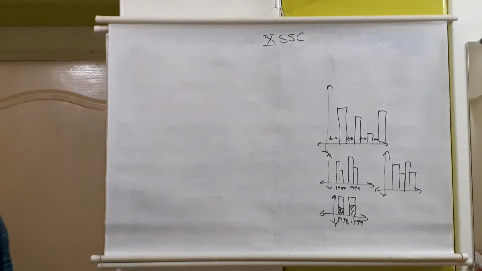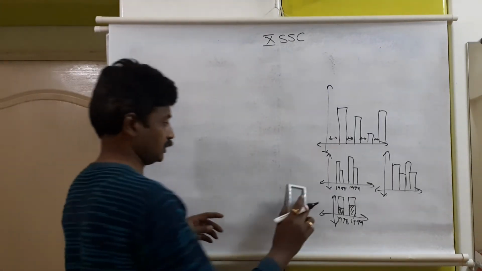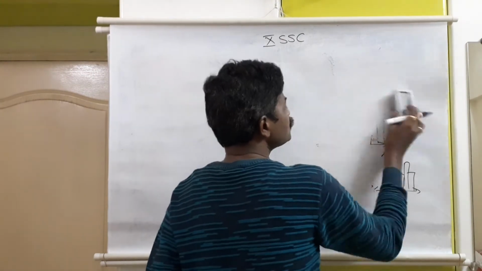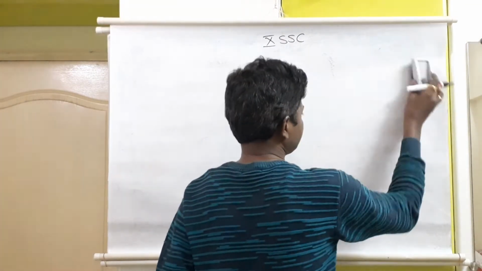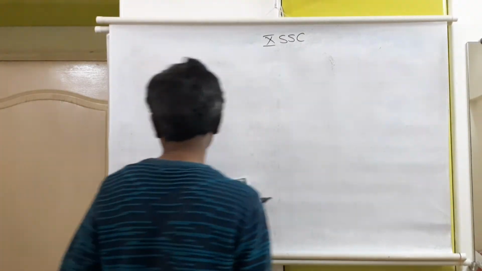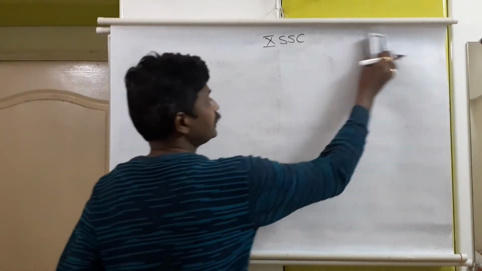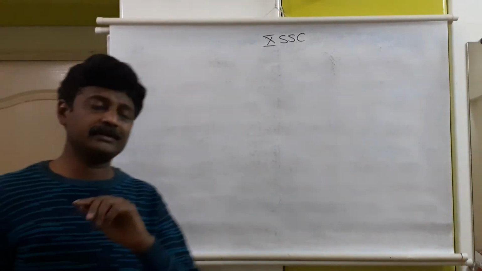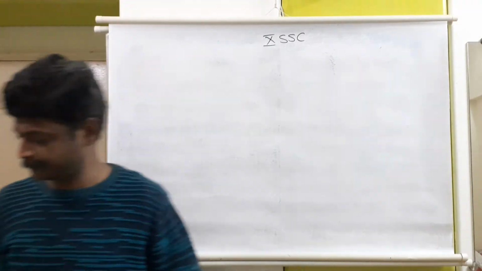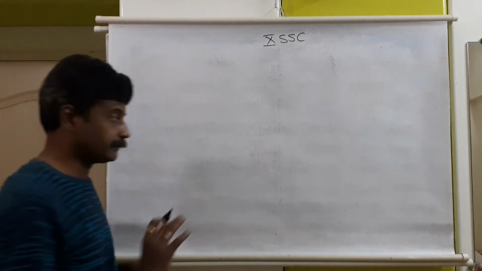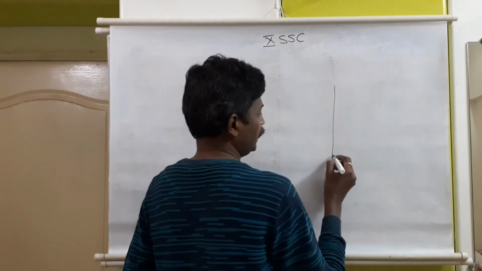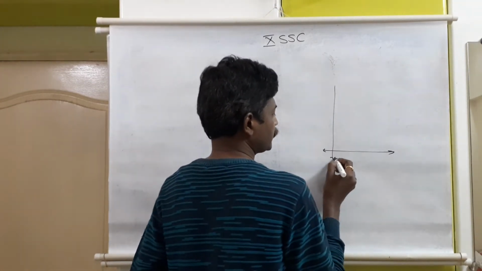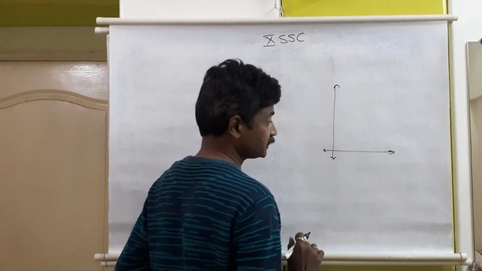So we are going to continue today with the histogram. For a histogram, classes will come on the x-axis and the given frequency will come on the y-axis. It depends on the given information. A suitable scale we need to choose on the x-axis and y-axis. Suppose we have this as the x-axis and this as the y-axis.